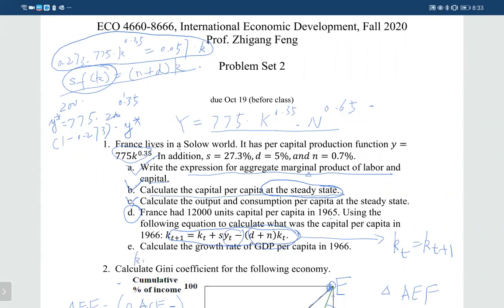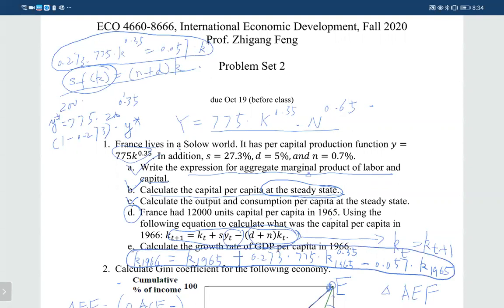So essentially K in 1966 equals K in 1965 plus S, 0.273, times Y. Y you just plug in, 0.775 times K to the power 0.35, and that minus D plus N, which we just calculated, equals 0.057 times K in 1965. So this is for D.